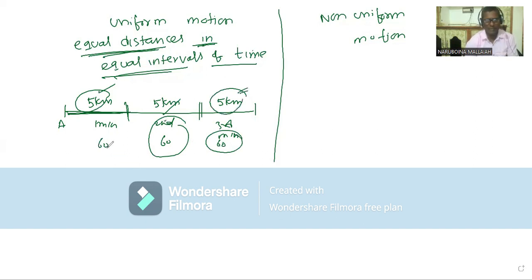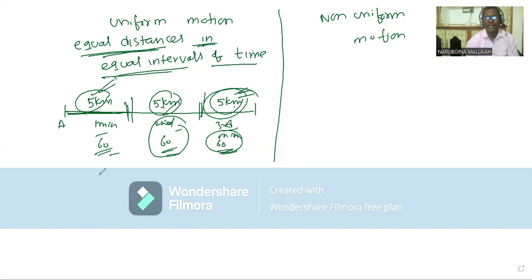That means the interval of time is the same: 60 seconds, 60 seconds, 60 seconds, or 1 minute, 1 minute, 1 minute. In each minute it covers only 5 kilometers. Equal intervals and equal distances.